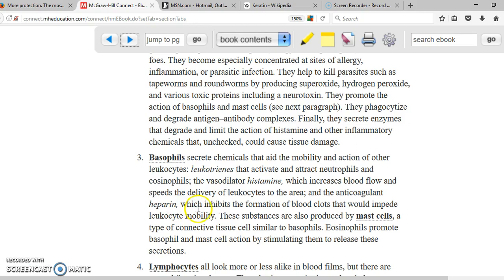You're also going to have, for example, prostaglandins that are going to increase temperature, and they're going to produce pain as well. So very important in the function in the infection are basophils, because they basically attract more white blood cells.